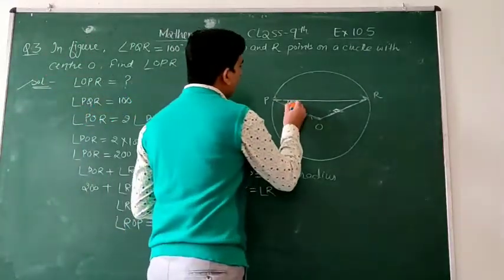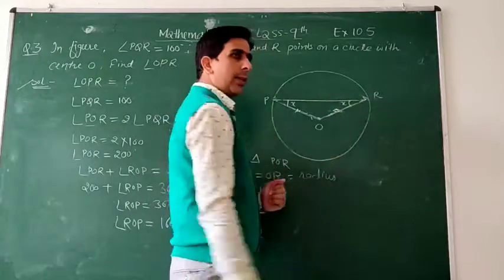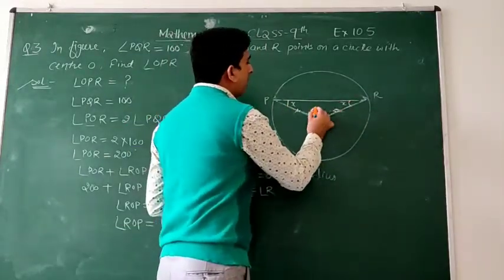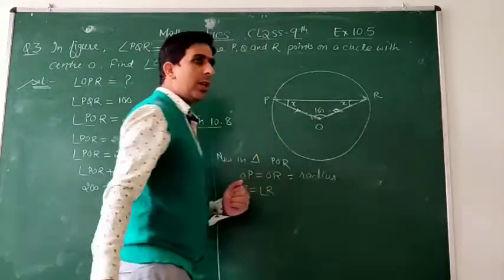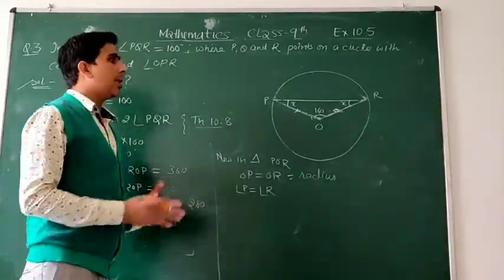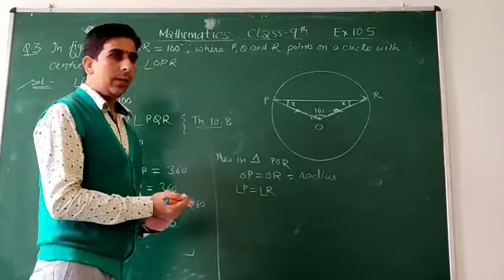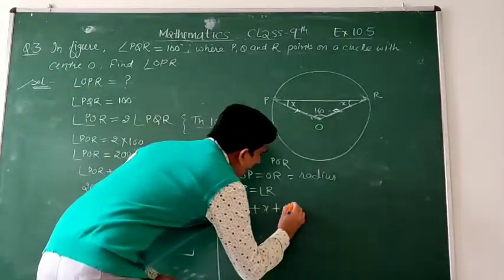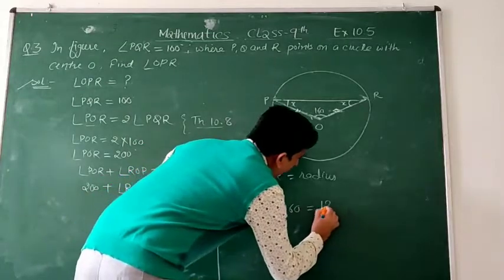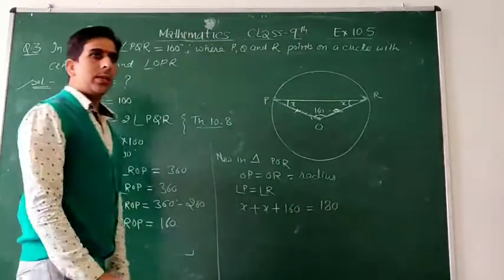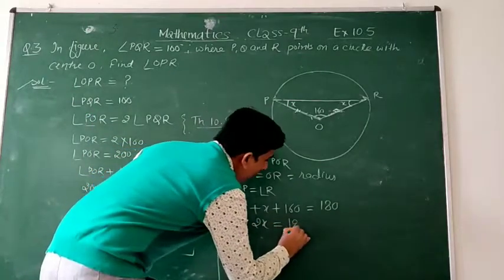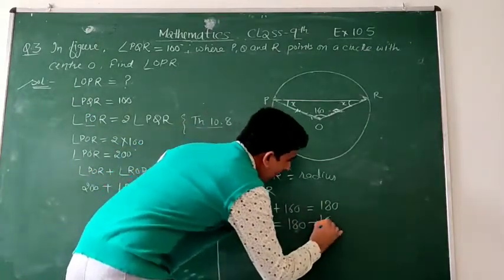This is x and this is also x because both are equal, right? Now by the angle sum property, this angle is 160 degrees. By the angle sum property, the sum of 3 angles is 180 degrees. So angle x plus angle x plus 160 is equal to 180 degrees, right? So x plus x, 2x is equal to 180 minus 160.